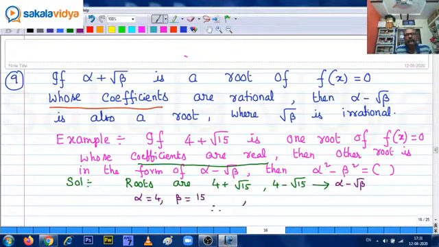Therefore, what we are asked is alpha square minus beta square, which is 4 square minus 15 square, 16 minus 225. That's our answer.